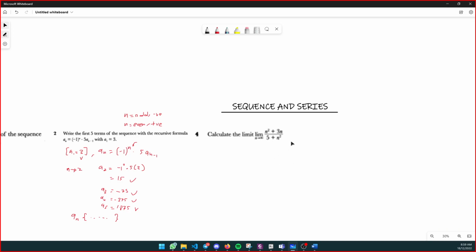Okay, so calculate the limit of n squared plus 3n over 5 plus n. So how do you go about this? Okay, so limit to infinity, when it comes to these things, you learn later in semester 2, but I can just show you here.